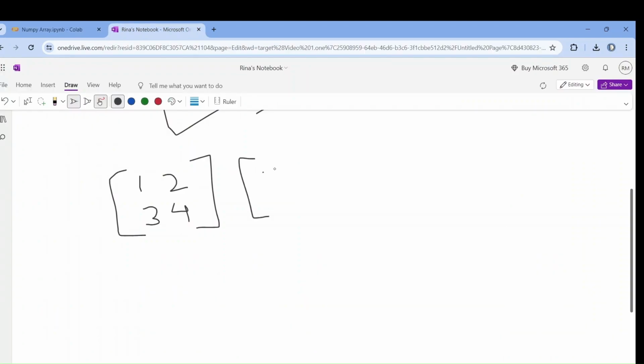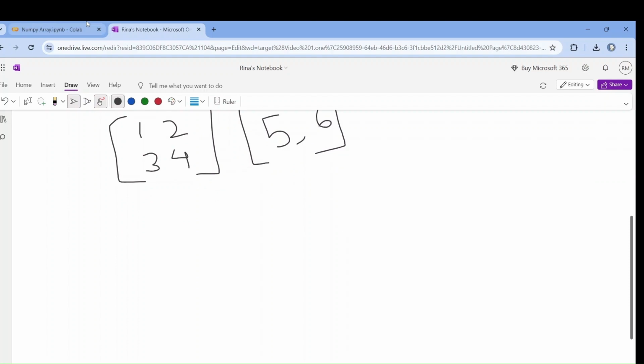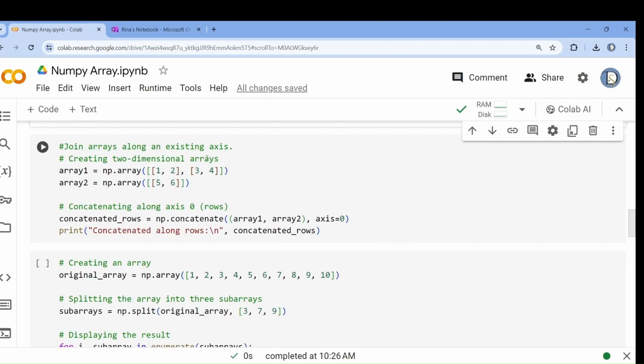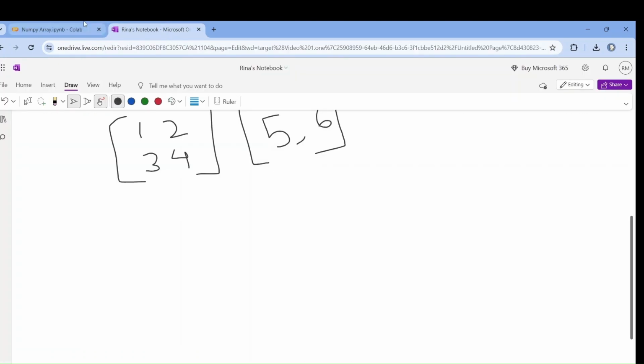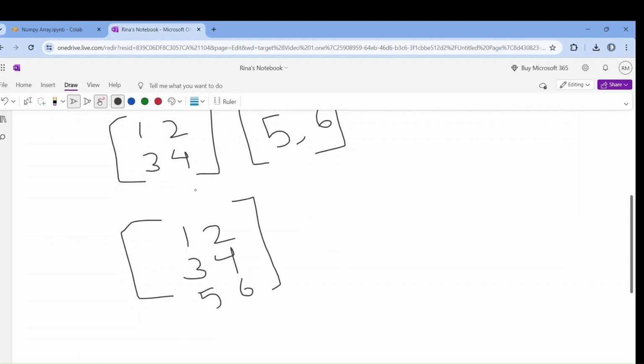Fine. Now I want to concatenate them row wise. That means I want the output to become 1, 2, 3, 4, 5, 6. So it will become like this.